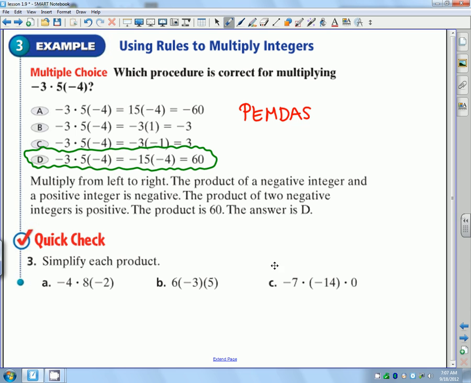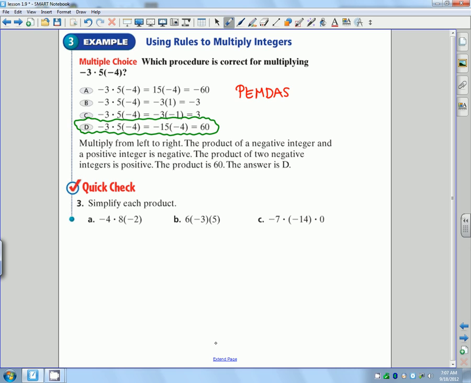So try A, B, and C, and then we'll check our answers. All right, negative 4 times 8 is negative 32 times negative 2, which is a positive 64. This is 6 times negative 3, which is negative 18, and then you do negative 18 times 5.